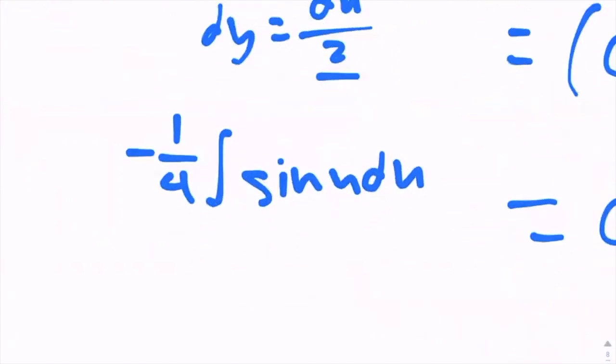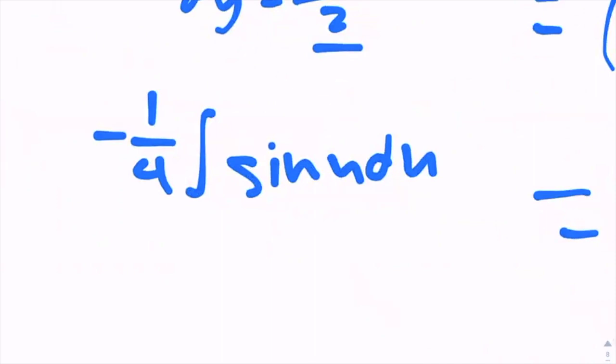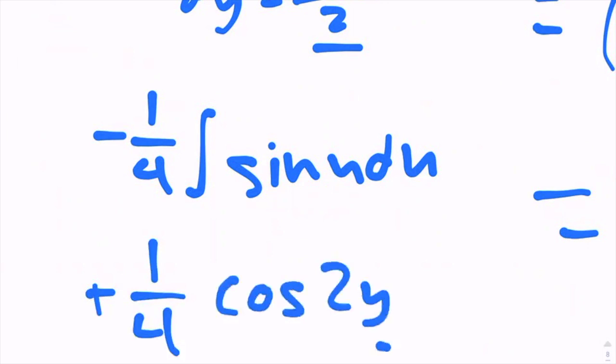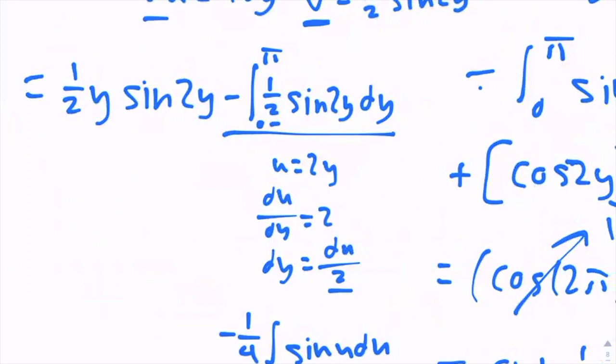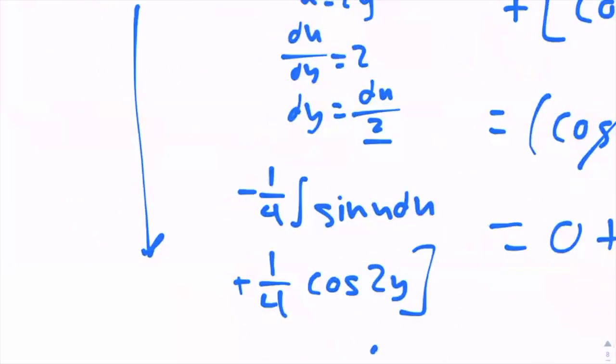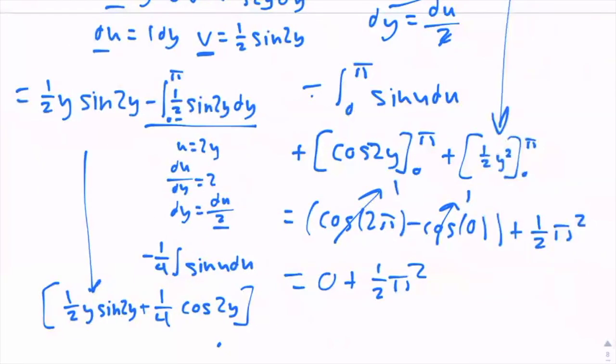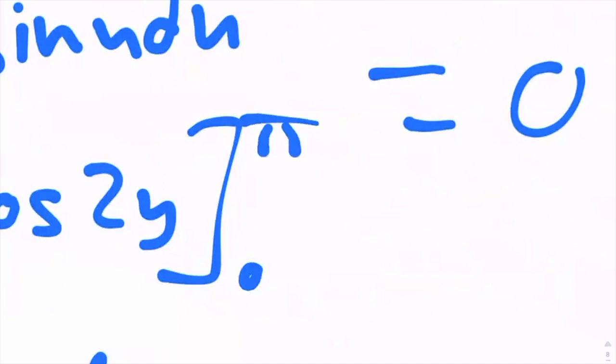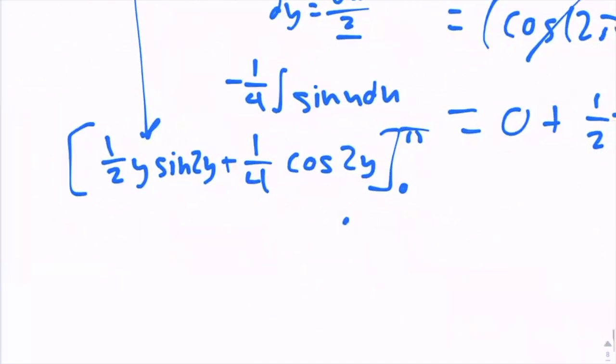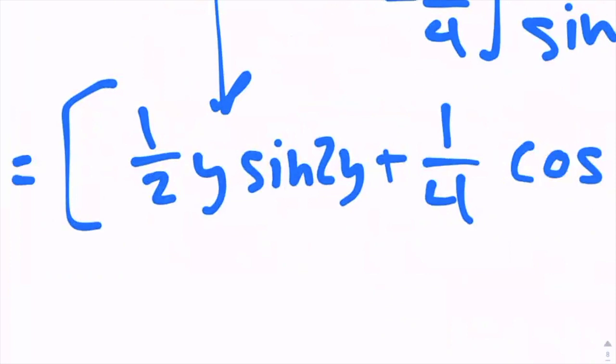But much like before, integral of sine u is minus cosine u. We see that we have this minus right here. So our minuses cancel out. And instead we get plus 1/4 cosine 2y, not to forget this part up here, 1/2 y sine 2y. And we're going to evaluate all this from 0 to pi. And there we go. We're at our final step for this question.